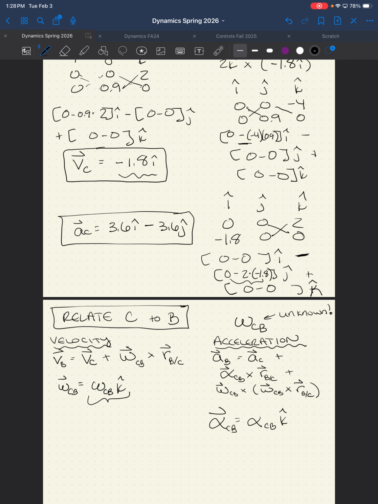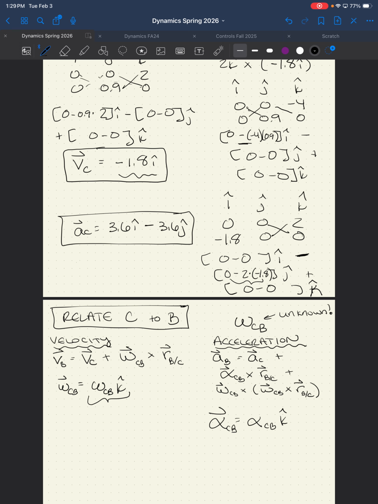So we should have minus 0.6i minus 0.6j hat. That's as good as I can do there, aside from evaluating the cross product, which I can go ahead and do. So we'll do i, j, k: 0, 0, omega CB, and then minus 0.6, minus 0.6, 0. This will be i minus j plus k.